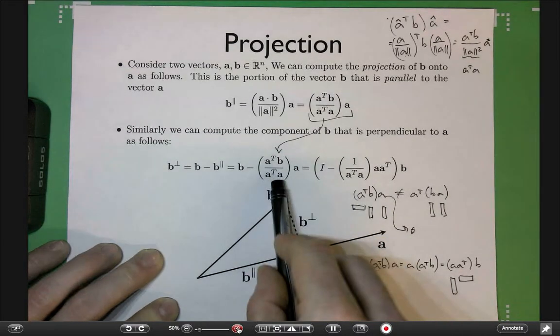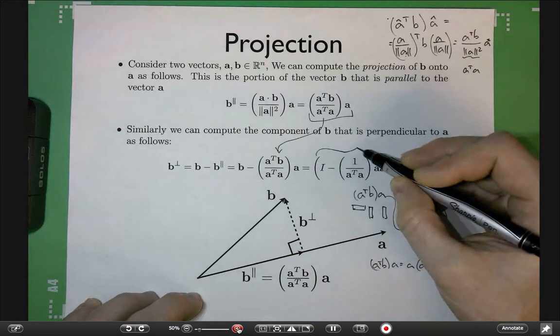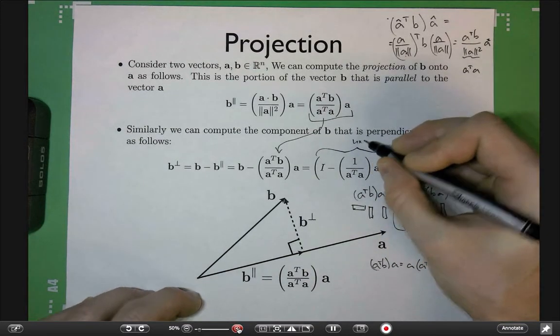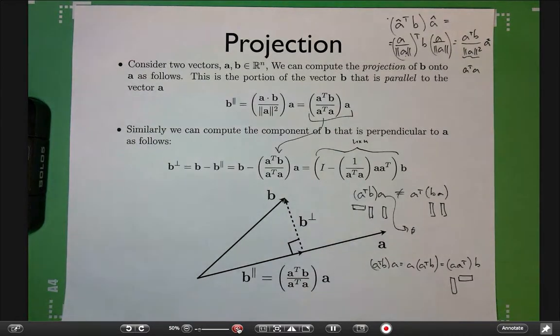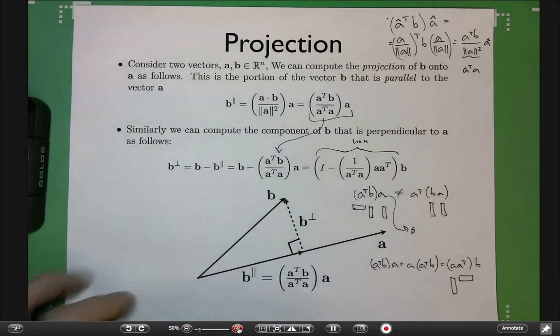It's divided by the squared norm of A, by A^T A, but that's the same in both. So in other words, this is an n by n matrix, which for B returns me this orthogonal complement of B.